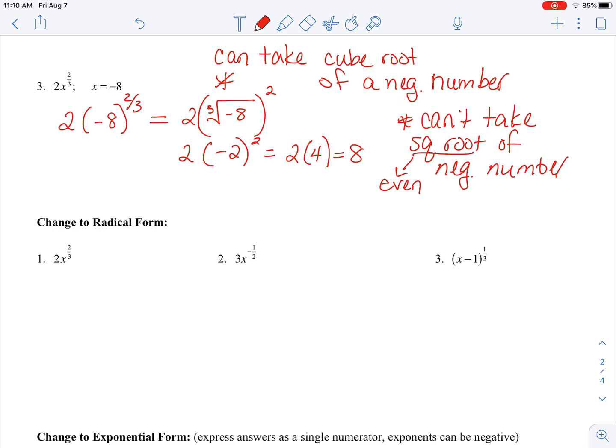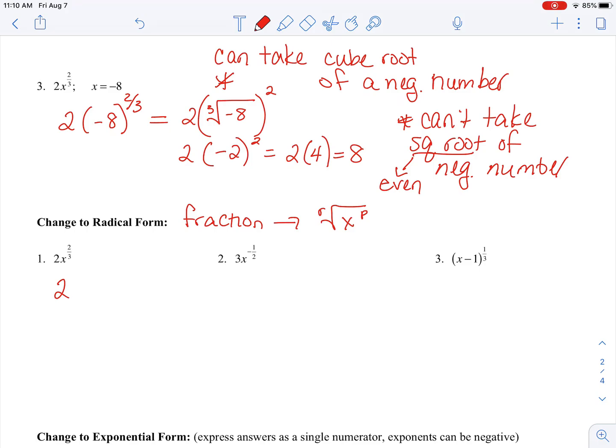Our next batch of examples, we want to change to radical form. So this means I want to take my fraction power and I want to rewrite it as a radical sign. Okay. So 2x to the 2/3 power means I'm going to rewrite this now.